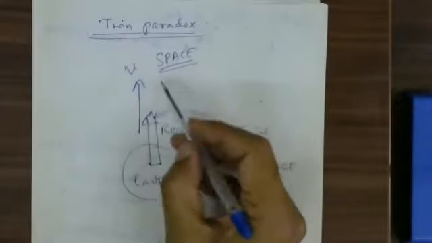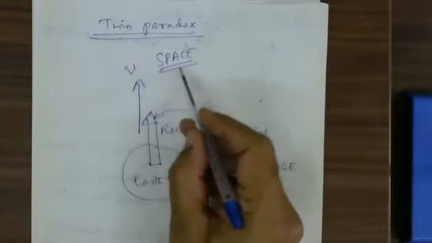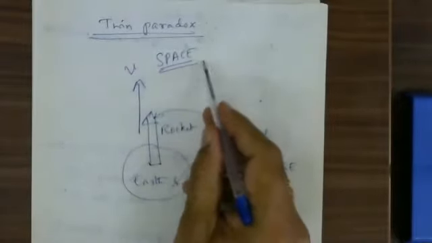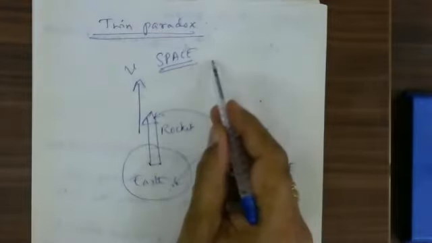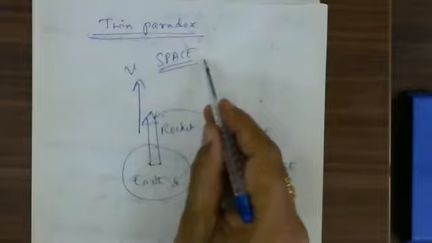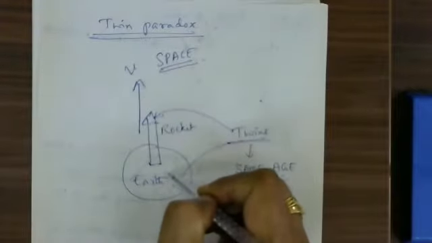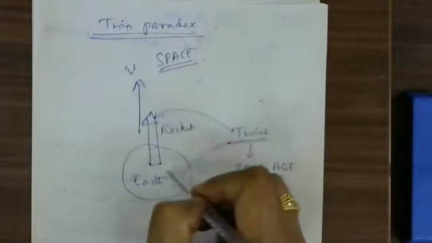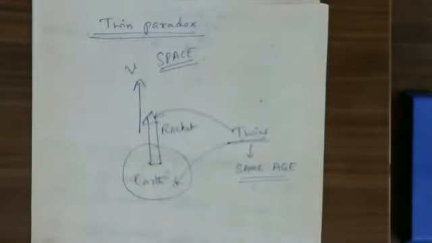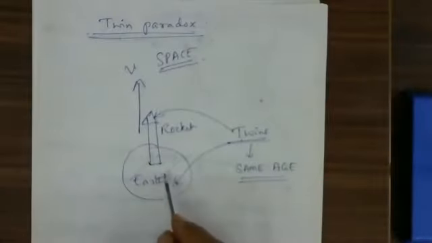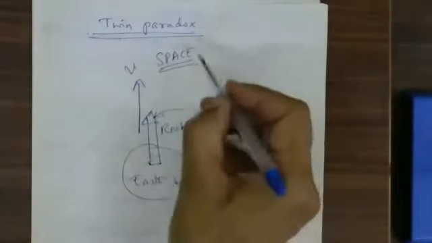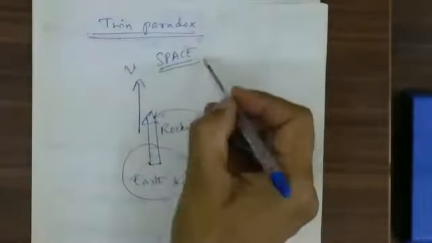Before coming back, they make a video call between here and here. This person is talking to his grandchildren. The grandchildren are older than him. They are becoming older, their hair is gray already, not black, but he is still younger. I hope you understood.